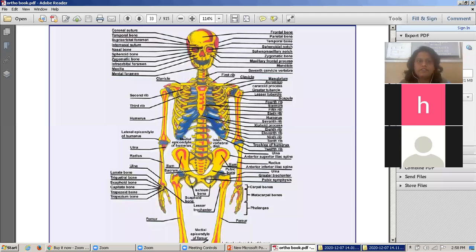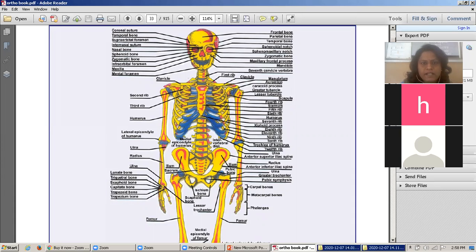In that, we will firstly study this one, which is the frontal bone.